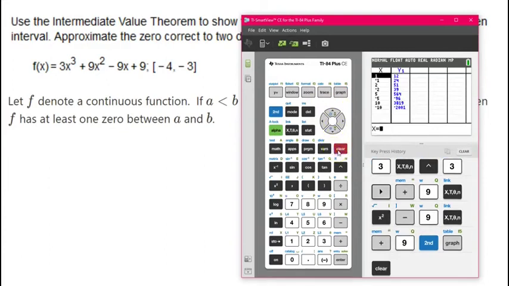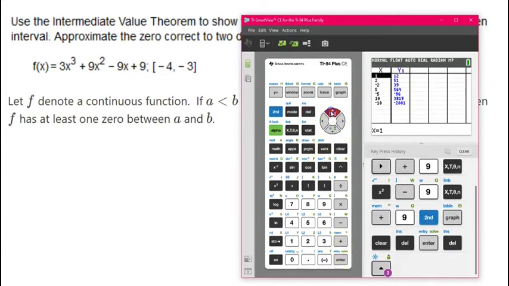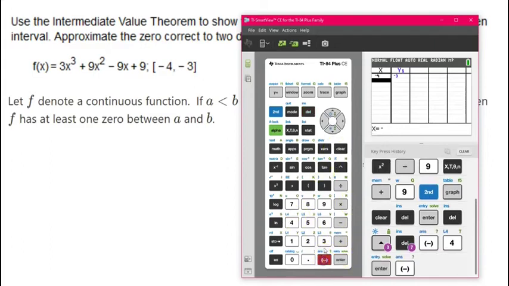And right now my table is in ask mode, so I'm going to clear out these values that are here. I need to do that by deleting. I just have to delete them one by one. And I'm going to type in -4 and -3.